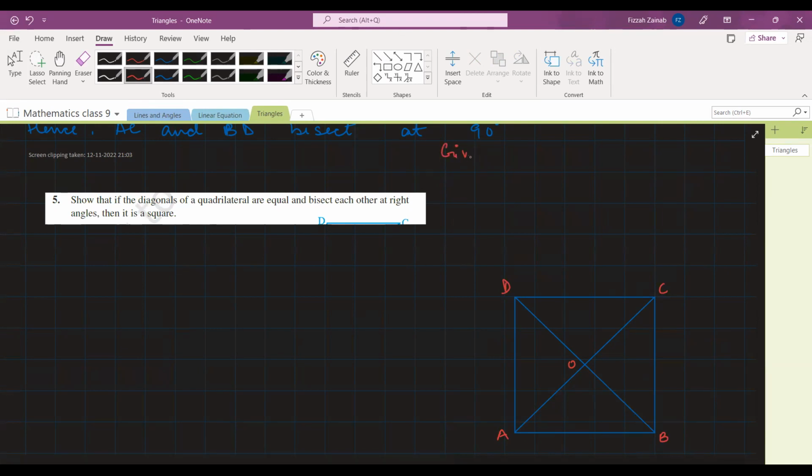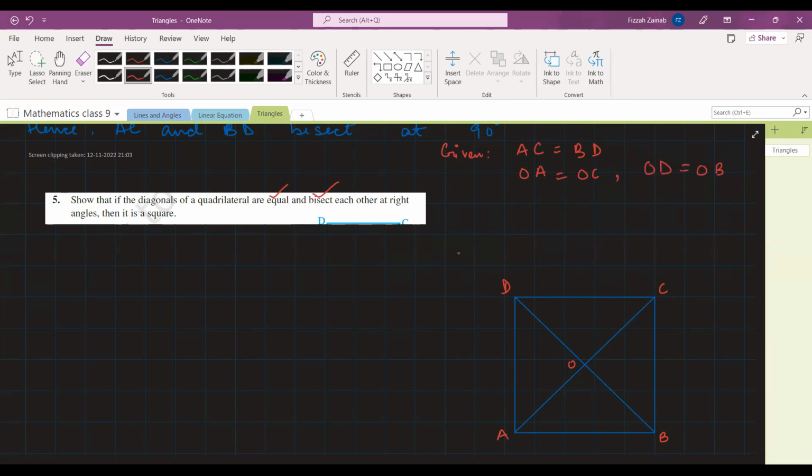Now what is given? Diagonals of a quadrilateral are equal, right? So first thing is given that AC is equal to BD. All the results of the previous question are now the given conditions. And they bisect each other. Second, it is given that OA is equal to OC, right? And OD is equal to OB.